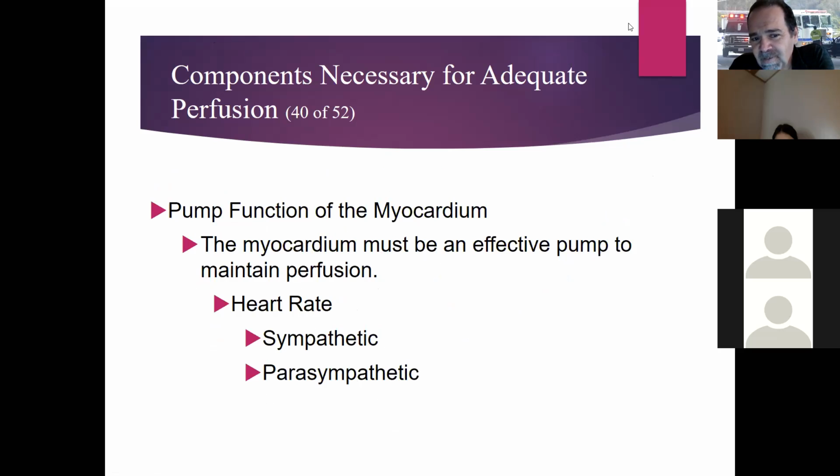The sympathetic nervous system is going to cause it to increase. Normally we release adrenaline, also known as epinephrine, within our system to increase heart rate. Now the parasympathetic slows it down.